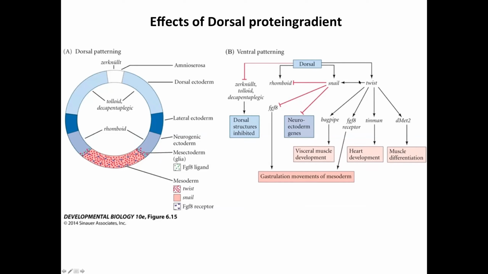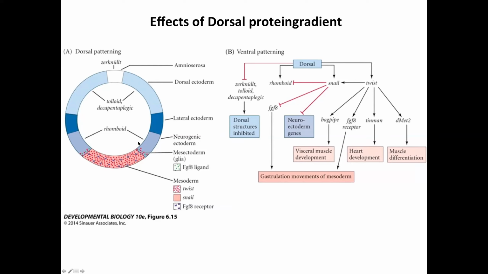So snail will be actively repressing ectodermal genes, which is why these cells will become mesodermal tissues, give rise to mesodermal tissues. And the cells which are devoid of twist and snail will now become neuroectodermal cells.